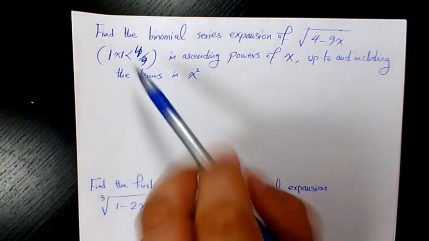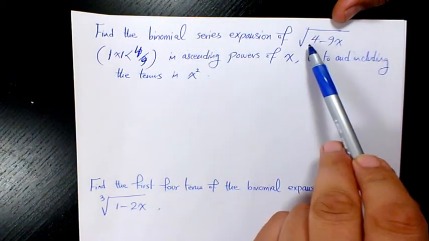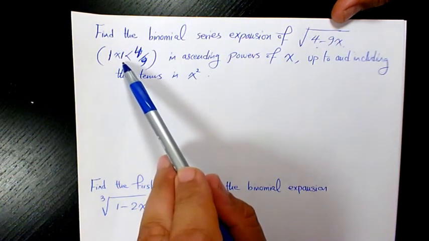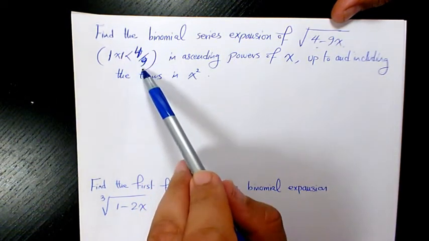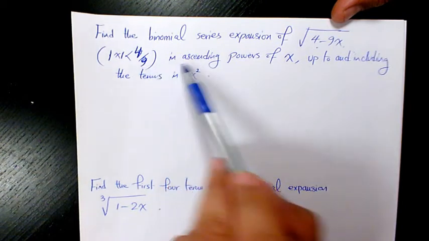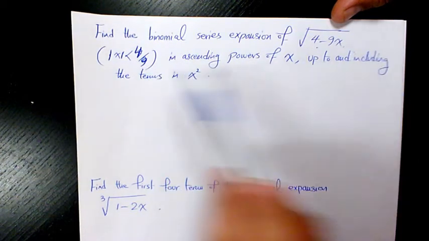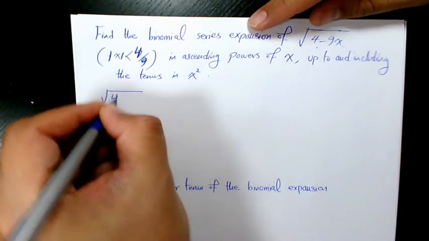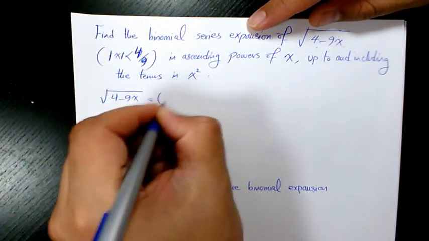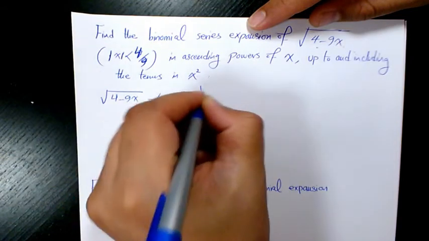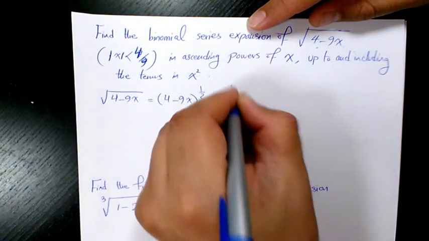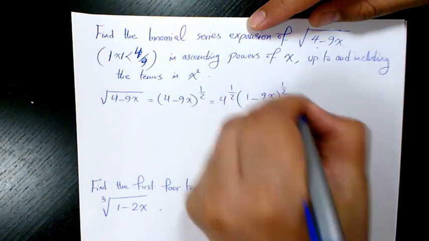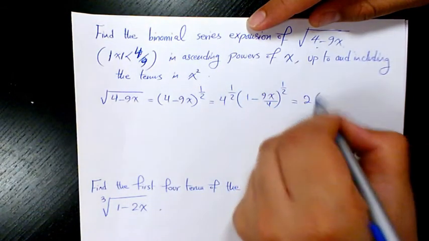Next example, it says find the binomial series expansion of square root of 4 minus 9x when the absolute value of x is less than 4 over 9 in ascending power of x up to and including the terms x squared. So square root of 4 minus 9x is going to be 4 minus 9x to the power of 1/2. You take 4 out. That's going to be 2.